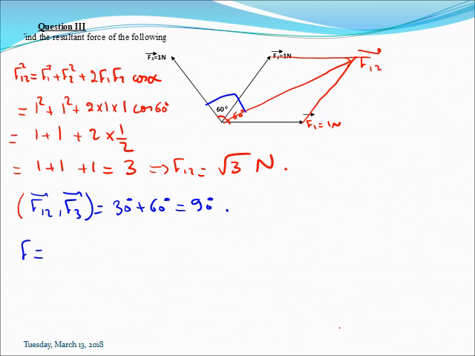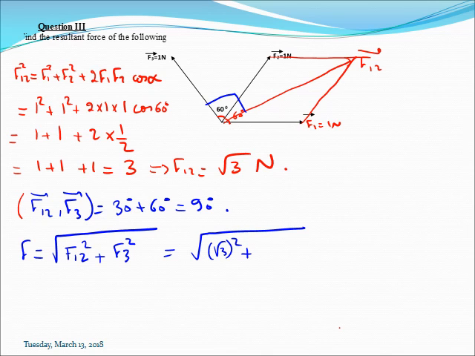So F equal radical of F12 square plus F3 square equal radical of radical 3 square plus 1 square equal 3 plus 1, radical 4. Radical 4 is equal 2 Newton.